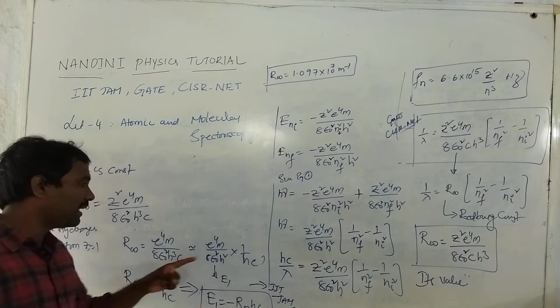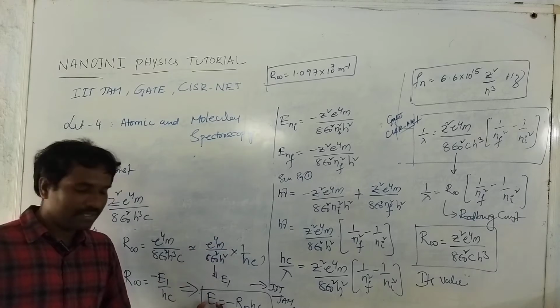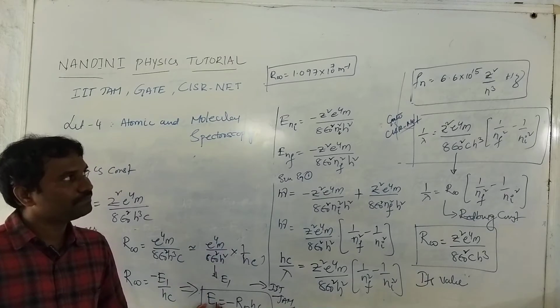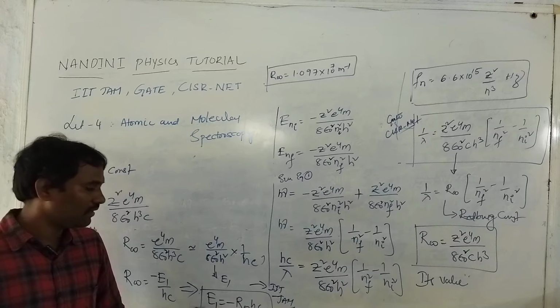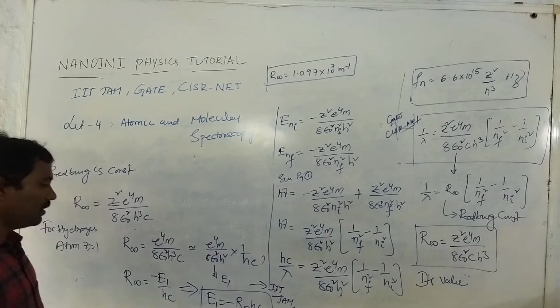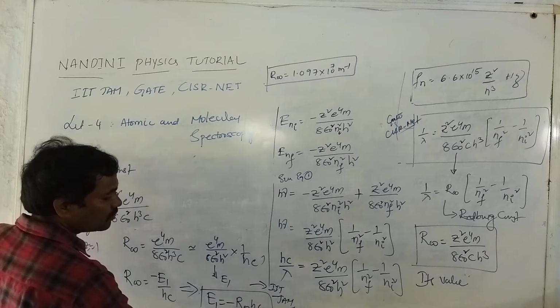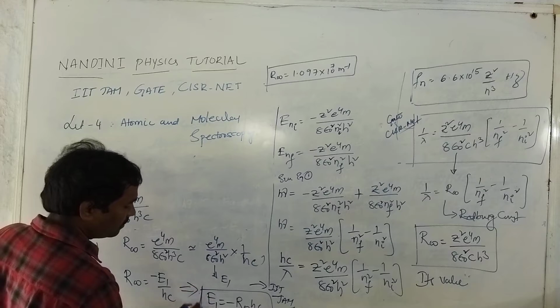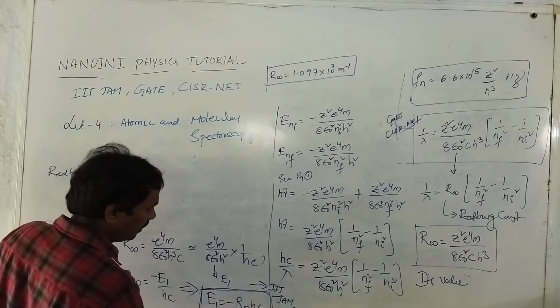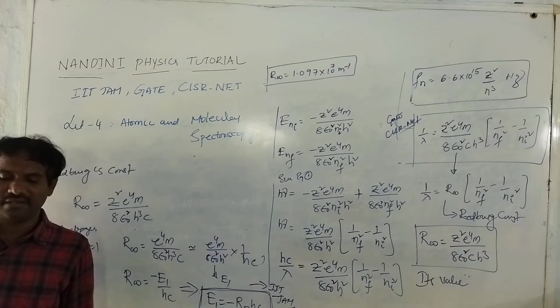For the hydrogen atom, n is 1 and Z is 1, so this finally represents energy E1. Therefore it is E1 divided by hc, so the energy is the Rydberg constant times Planck's constant times the velocity of light. This equation is very important for IIT JAM students.